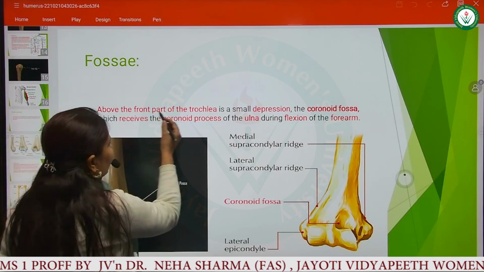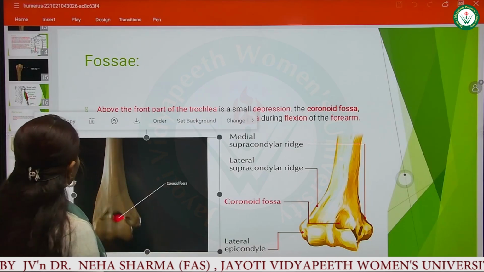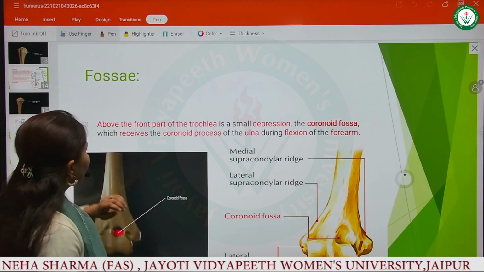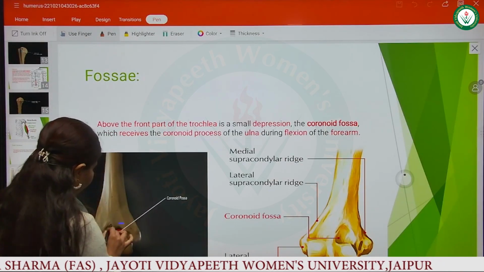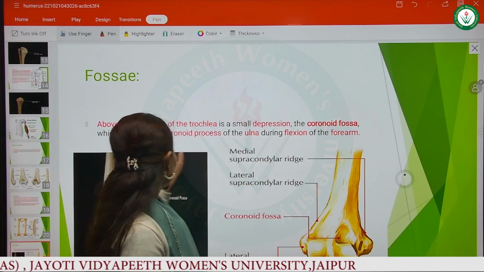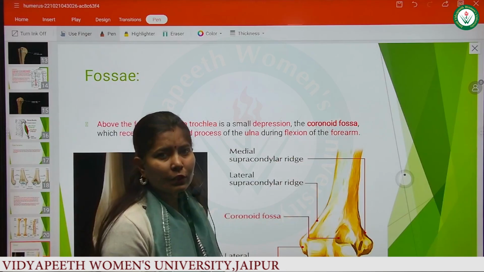Above the front part of the trochlea there is a small depression that is called the coronoid fossa. It receives the coronoid process of the ulna during flexion of the forearm.